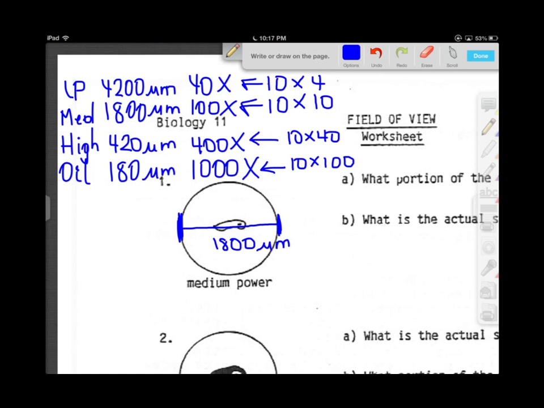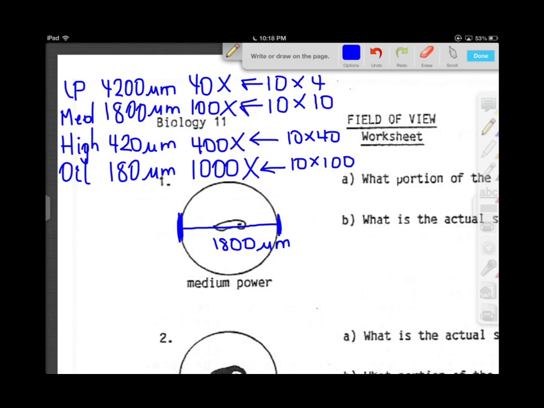It actually turns out to be 4.2 millimeters. Multiply by 1,000, right? There's 1,000 micrometers per millimeter. And we get lots of micrometers. You just take millimeters times 1,000.